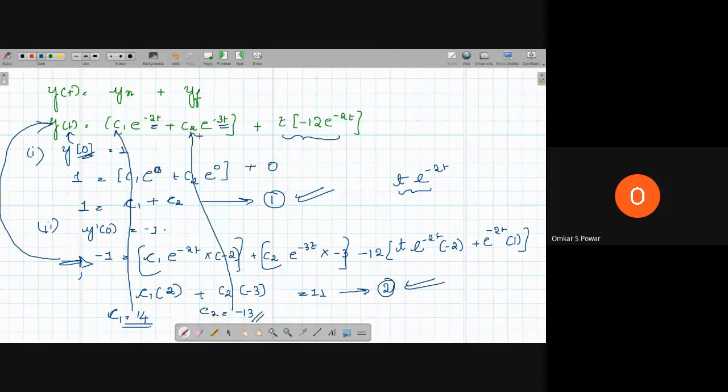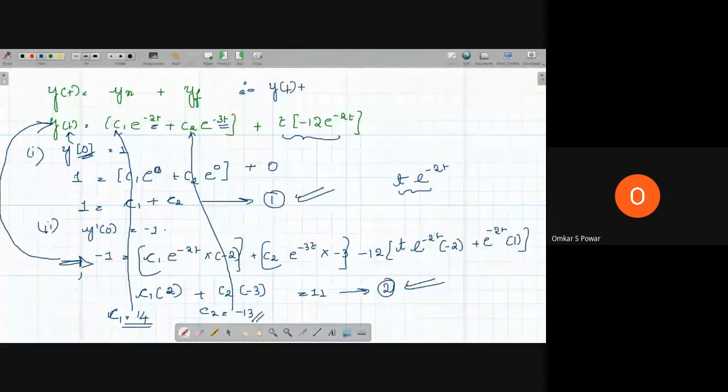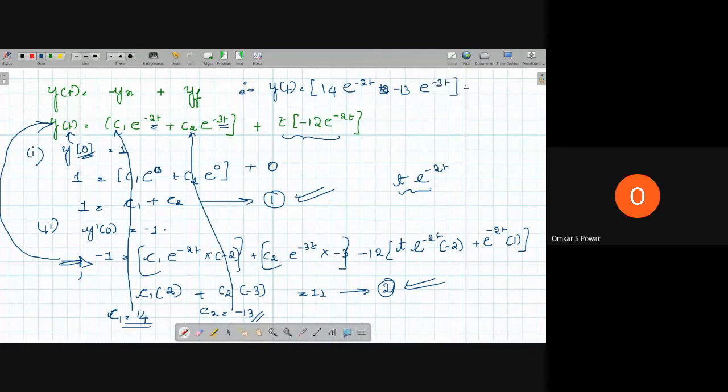Your final answer will be y of t is equal to 14 e power minus 2t plus C2, which is minus 13 e power minus 3t, plus or minus 12t e power minus 2t. So I have found the values of C1 and C2, and then substituted them into our total response.